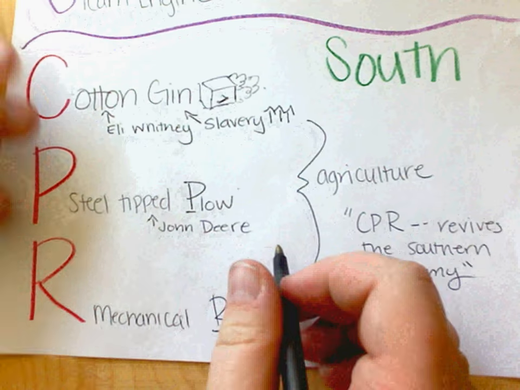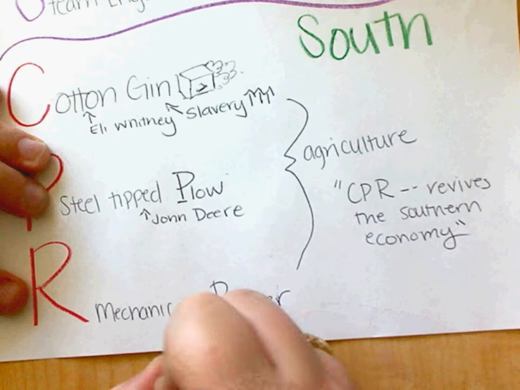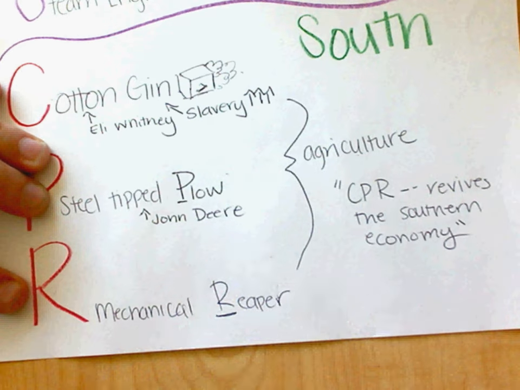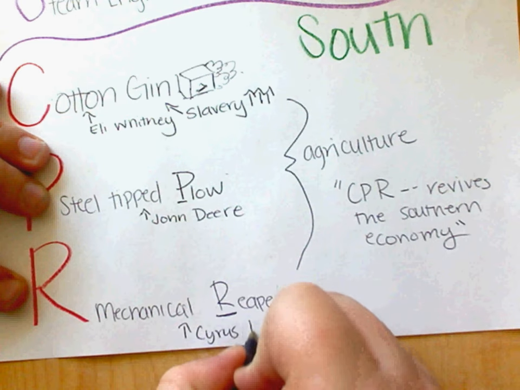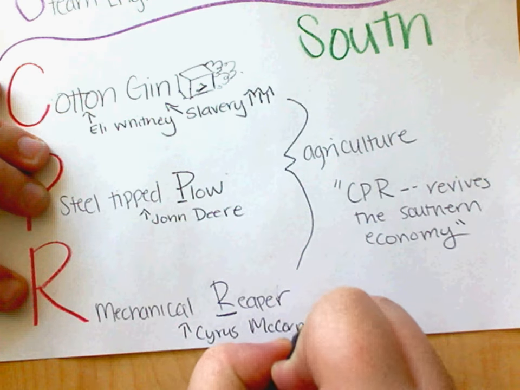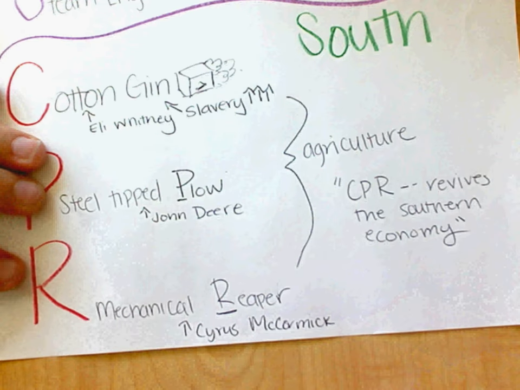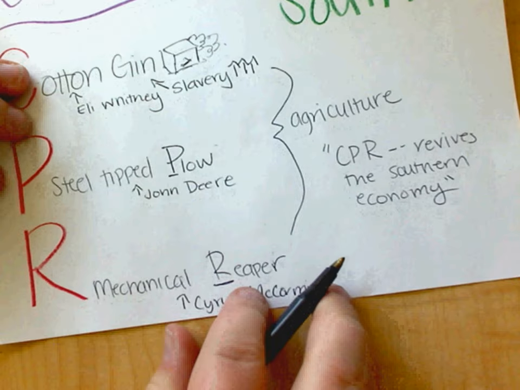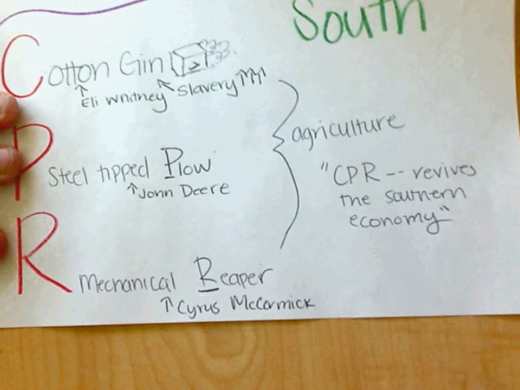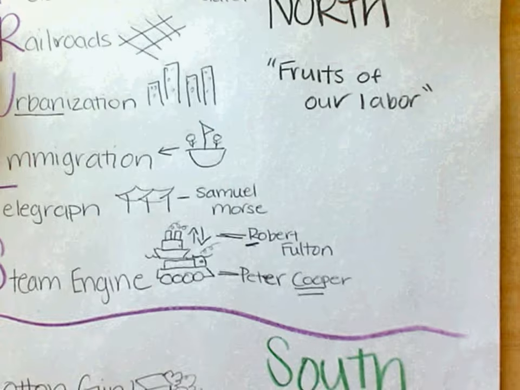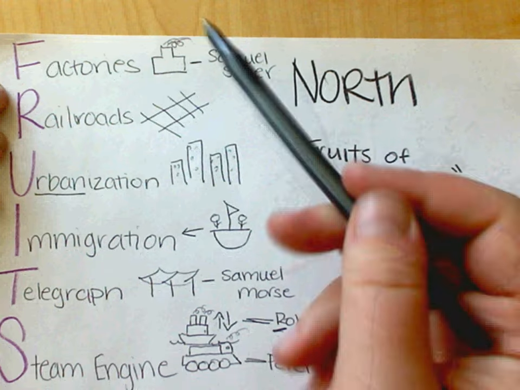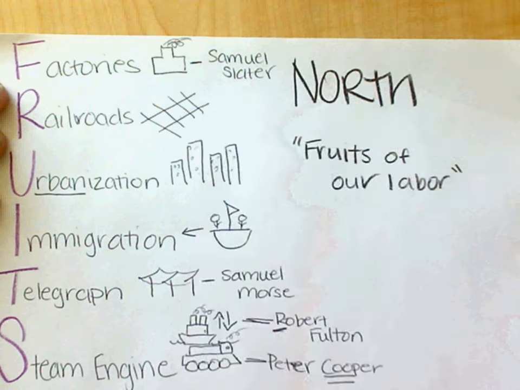And then Cyrus McCormick, and I'm really going to hope I spell his last name right. McCormick. It's his name. Okay, so we have the South. We have the North. Factories, city life, urban life, agriculture.